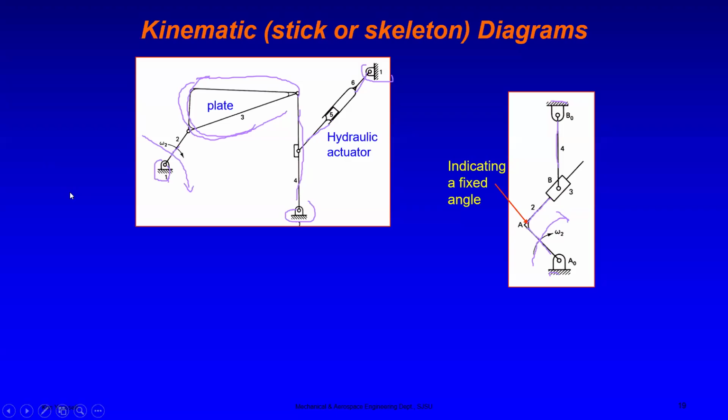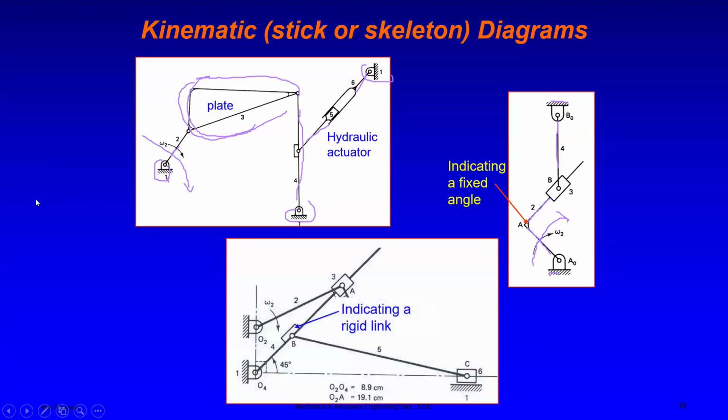All right. So now, another example is this, showing another kinematic diagram, right? We see that link 2 is also rotating, right? It is in a rotation motion because you can see we have angular velocity given here, omega 2 right here.